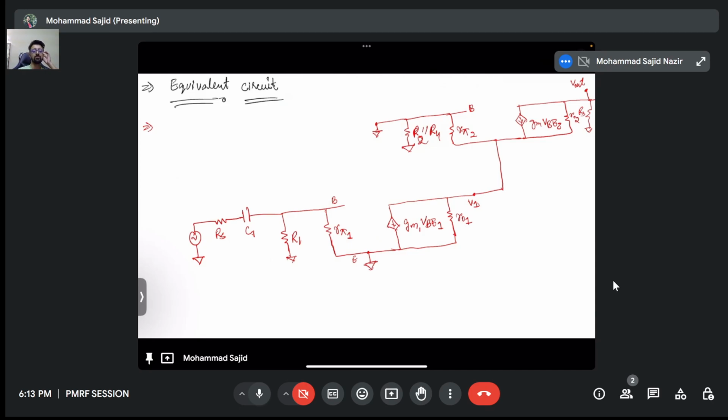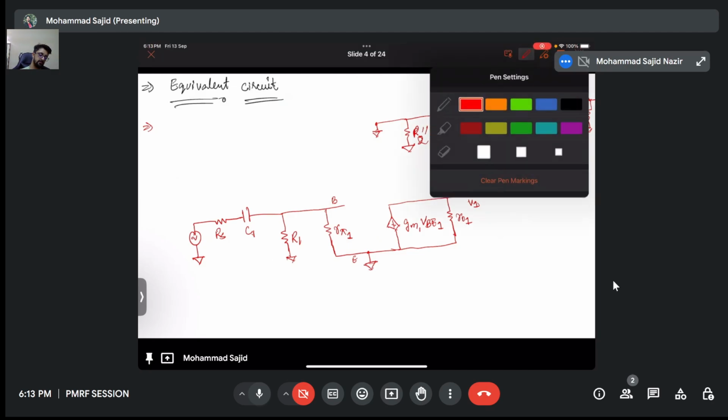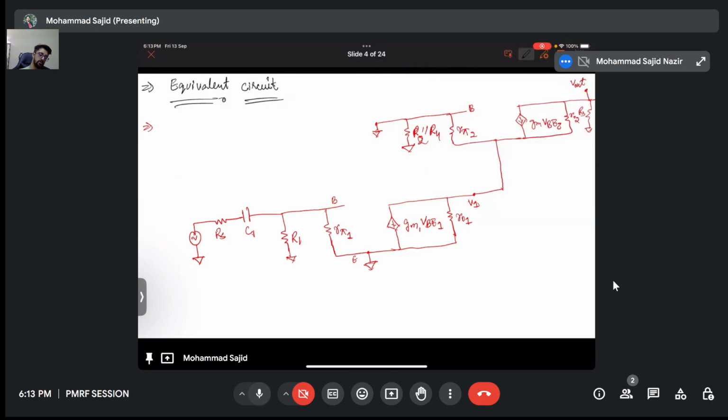Now what we need to do is we need to find the output resistance. If we want to make it easier, what we will do is we'll calculate this resistance. Let's call this as R dash and then find total output resistance as, alright.